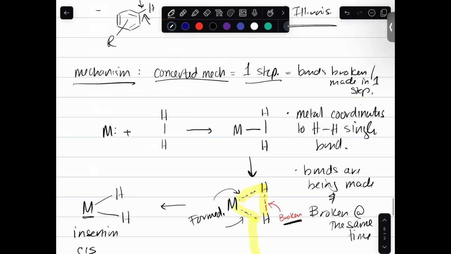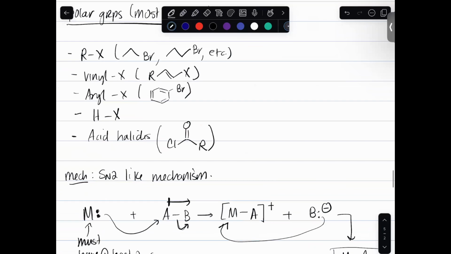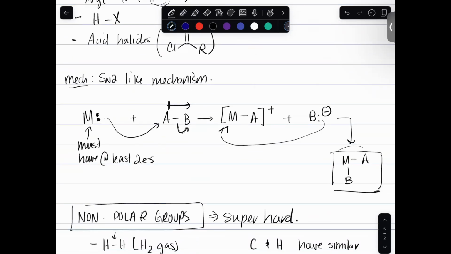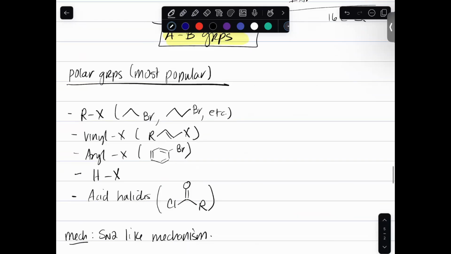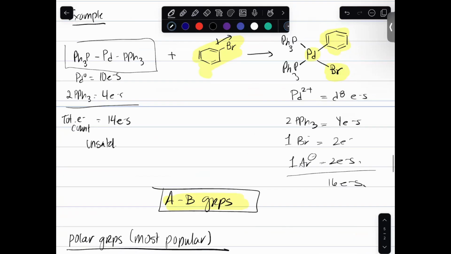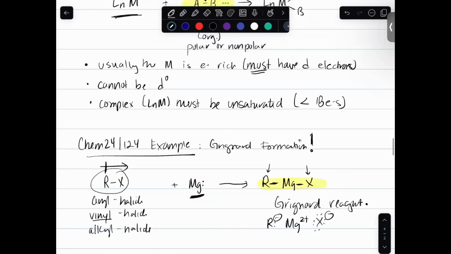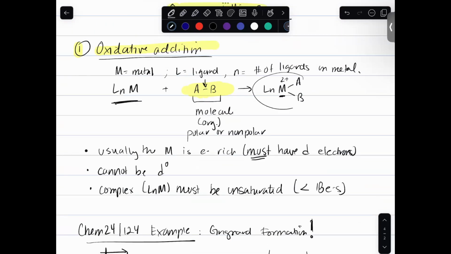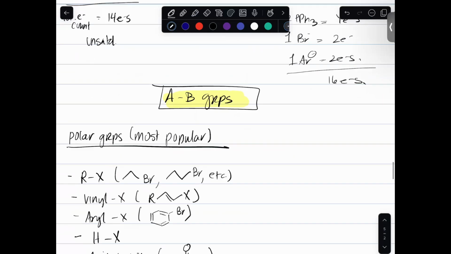So if we look at our oxidative addition product, reductive elimination is just the complete opposite of that. We're just moving backwards. RE is reductive elimination, moving backwards.